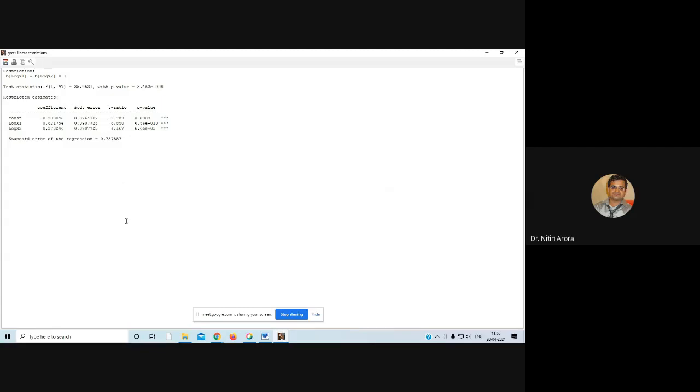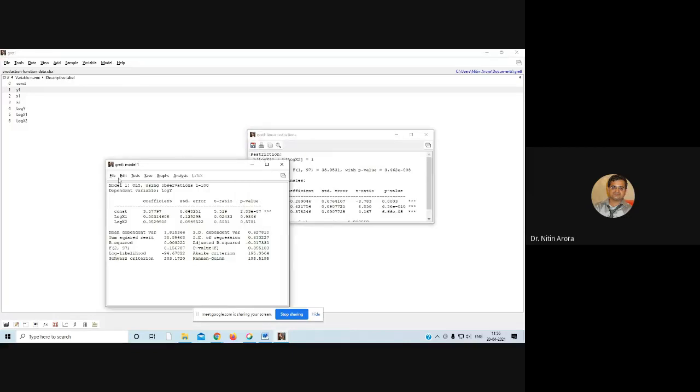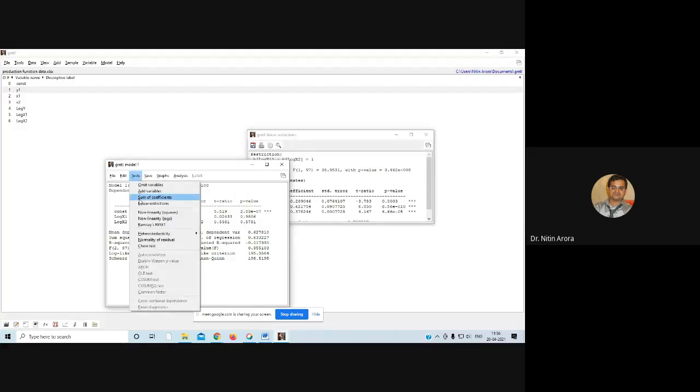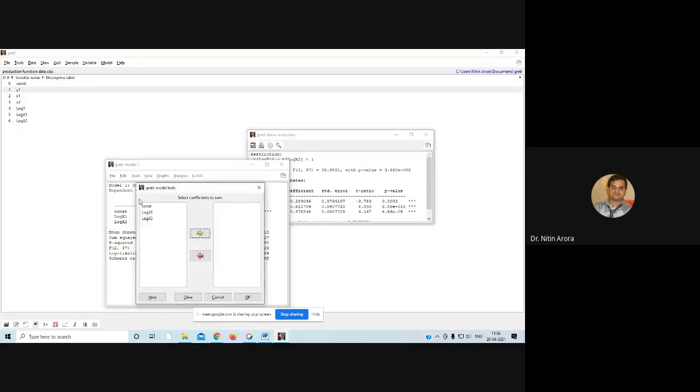If null of CRS is rejected, then what is the case? Is it CRS or is it DRS? That we have to see. Sum of the coefficients, in any case, you can see from here. Test sum of coefficients, log x1, log x2.